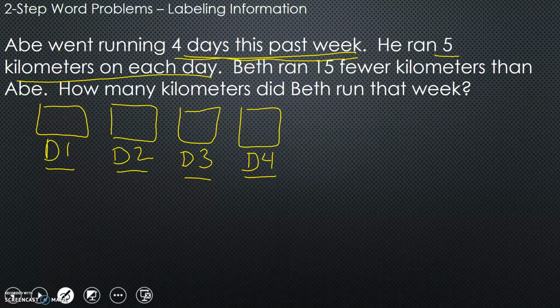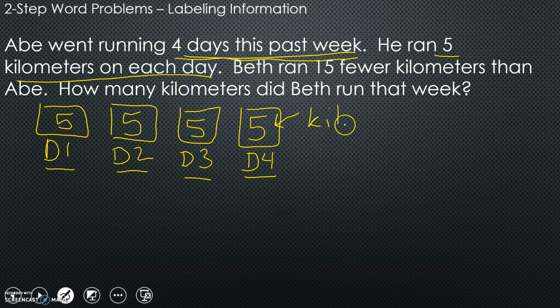So on each day he ran 5 kilometers. 5 that day, 5 on that day, 5 on that day, 5 on that day. And that's his kilometers that he ran. Again, labeling each part so that when I go to put together my number sentences, I know what I'm talking about.